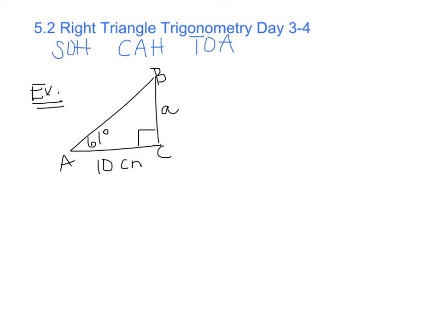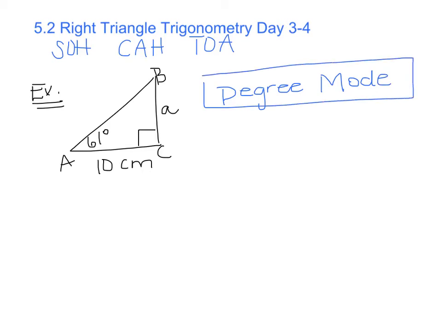And if you notice, we are in degrees, so make sure your calculator is in degree mode. So you always want to look at what's given. We have an actual angle, so we don't have to just say theta anymore.